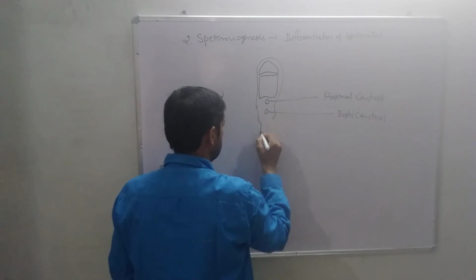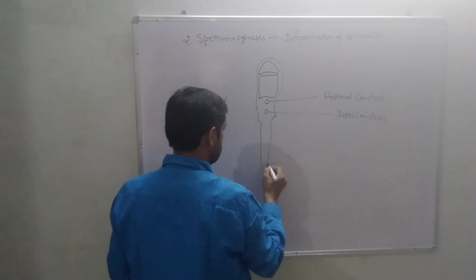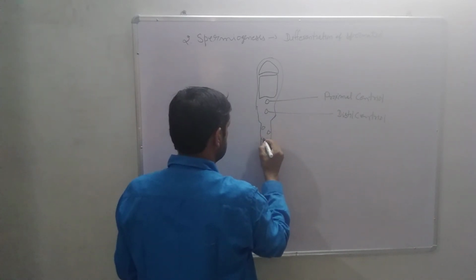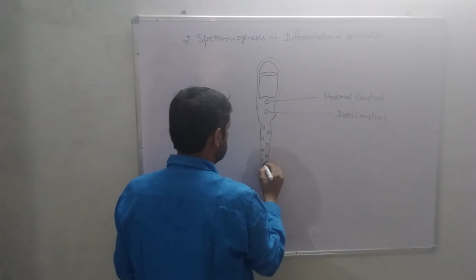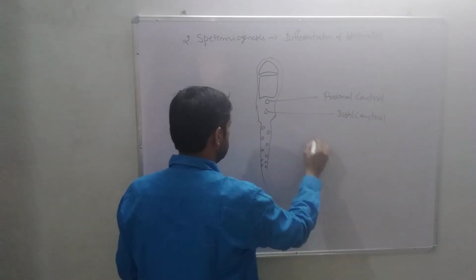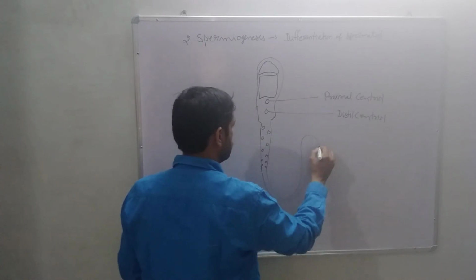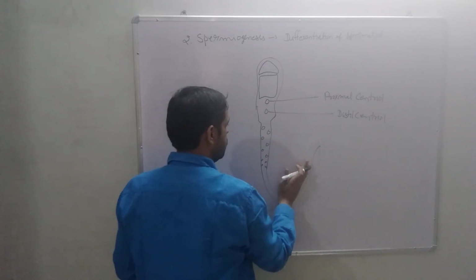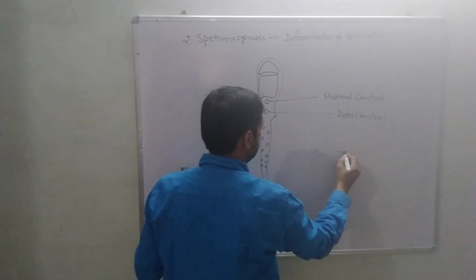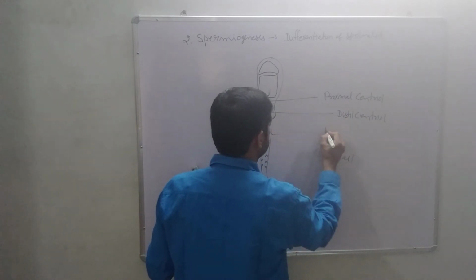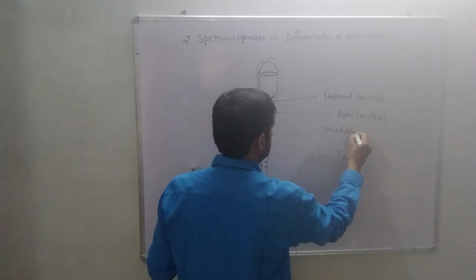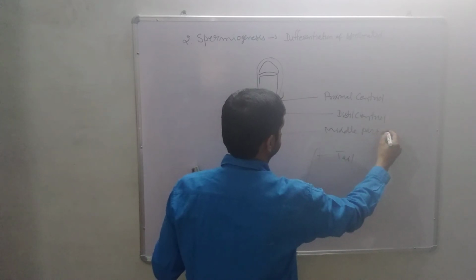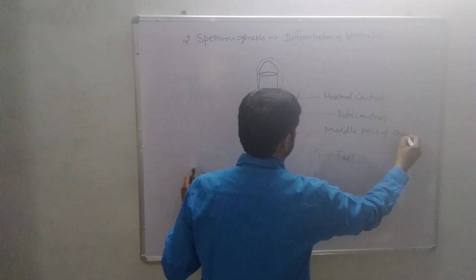And this is the middle part of the sperm and this is the tail of the sperm. So it is the tail and this is the middle part of the sperm.